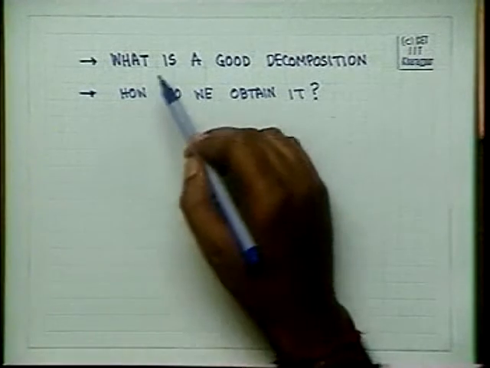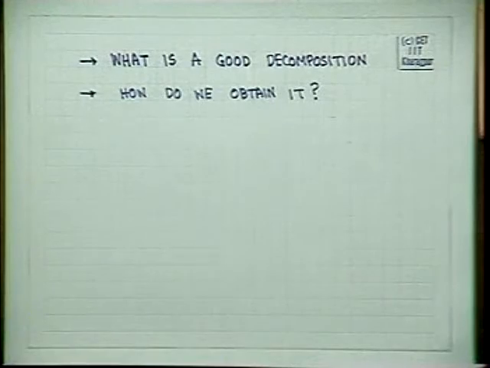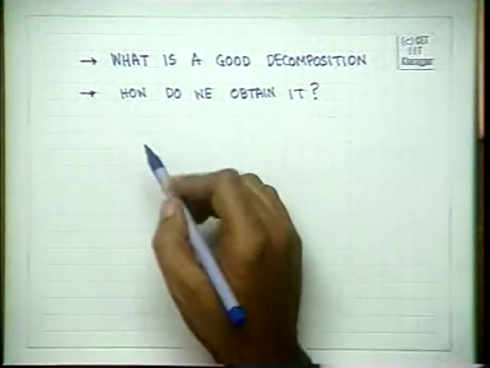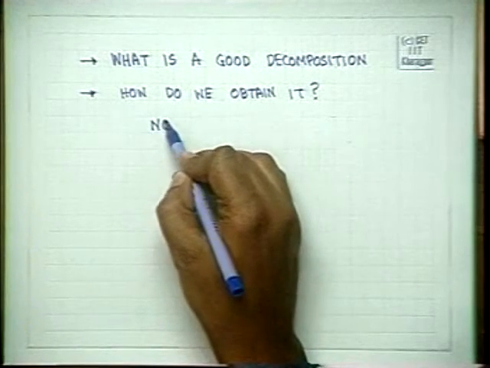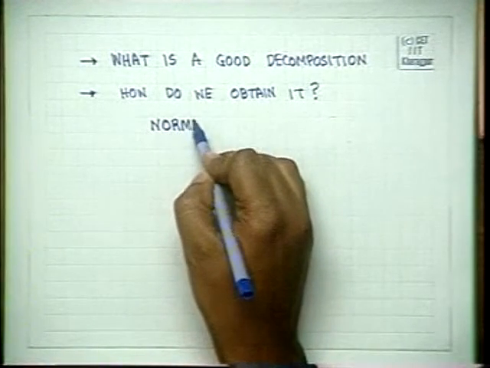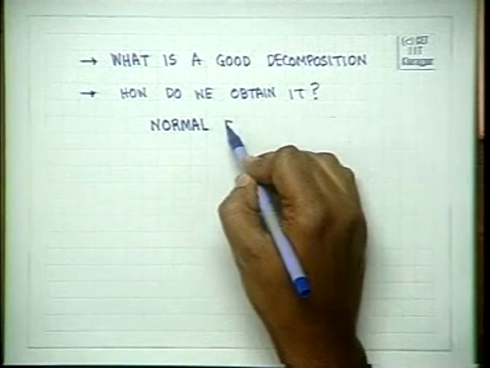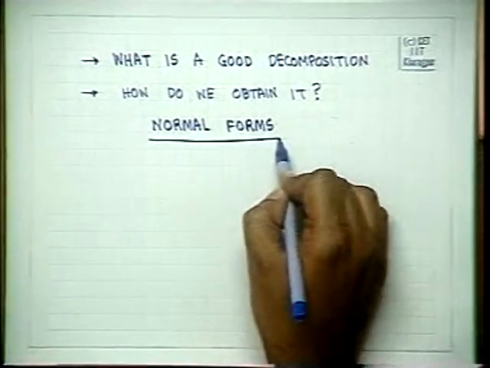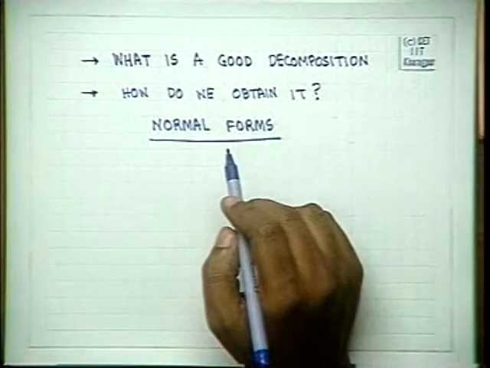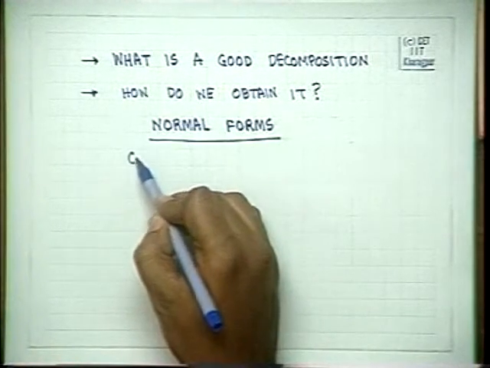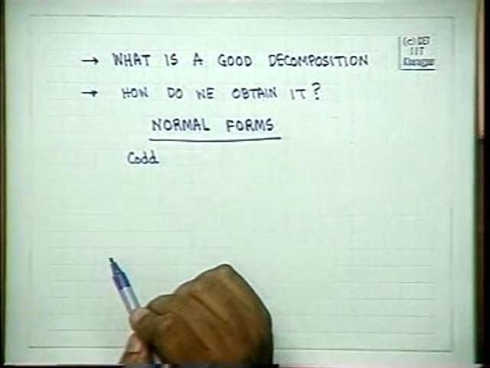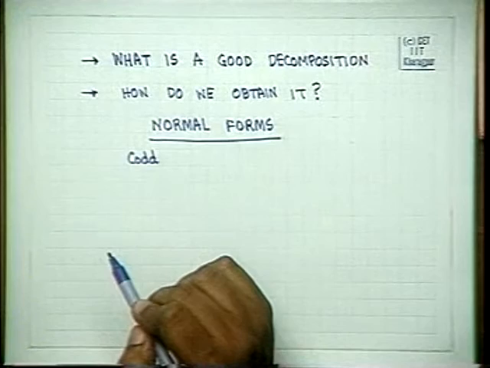In order to study these two, we will first study from the beginning. We will study some things which are called normal forms. If you recollect, Codd introduced the relational database model.